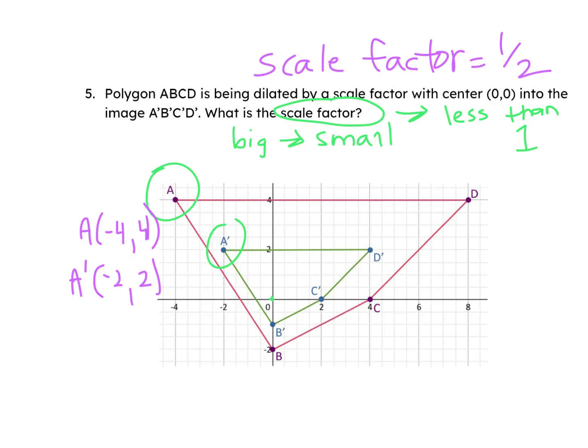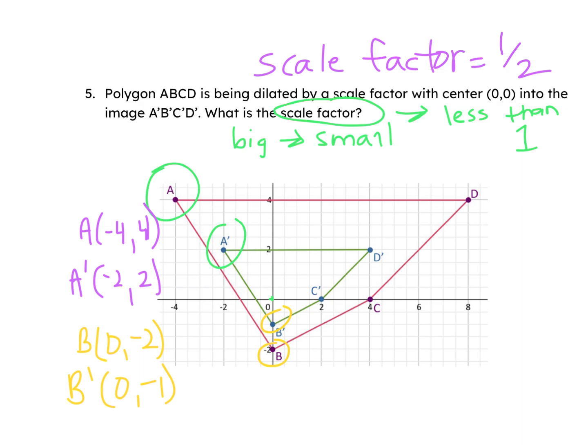Now, just to be sure, I'm going to select another point and just make sure that works for that point as well. So let's go on to B and check B and B prime. So B is 0, -2, and B prime is 0, -1. So that works out. Those are also cut in half.